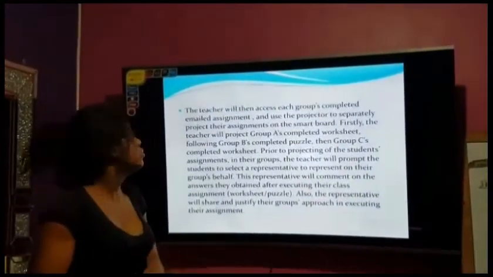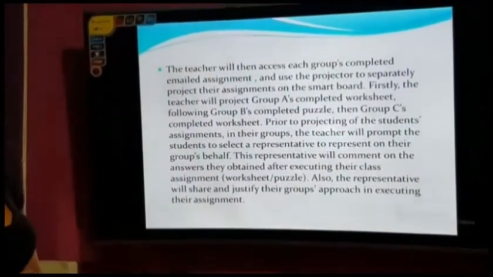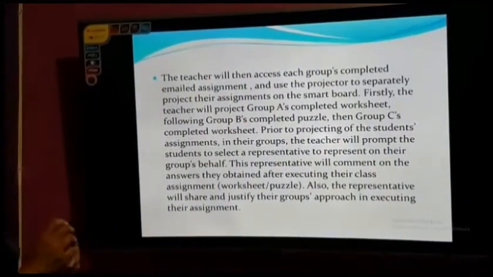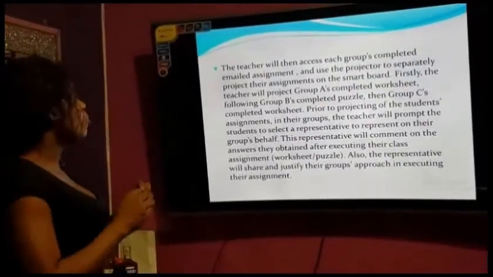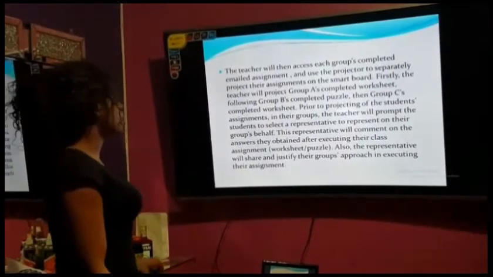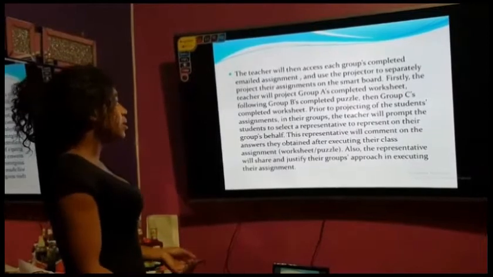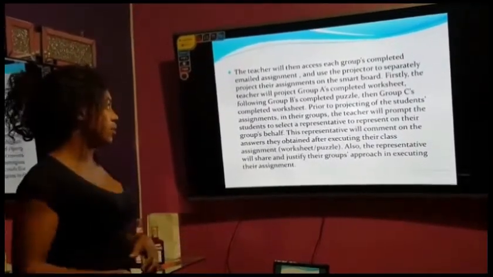Alright, so during this presentation, after this assignment, the teacher will access each group's completed emailed assignment and use the projector to separately project their assignment on the smart board. Firstly, the teacher will project Group A's completed worksheet, followed by Group B's completed puzzle, then Group C's completed worksheet.